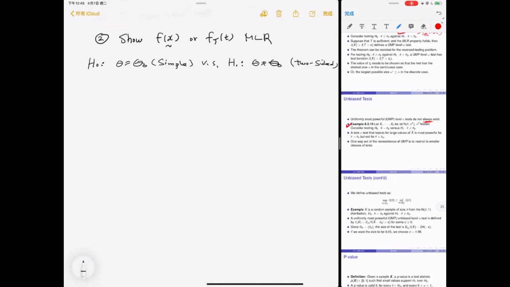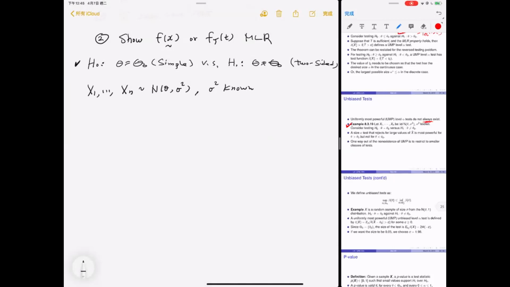Why is that the case? Say you have x1 to xn following a normal with variance sigma square. Right now sigma square is a known quantity, so you don't have to do anything about it. Then you are testing the null hypothesis that theta equals 0, against the alternative that theta does not equal 0.